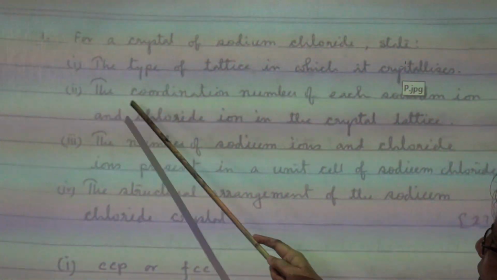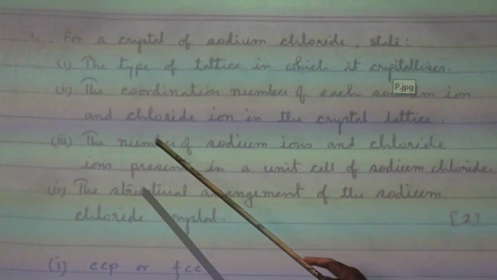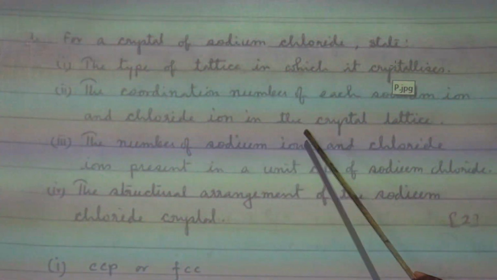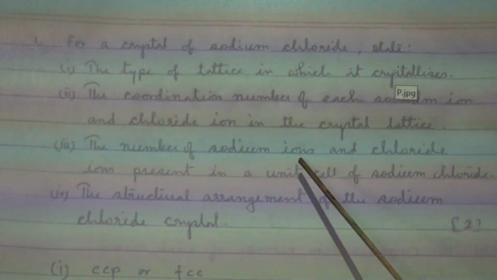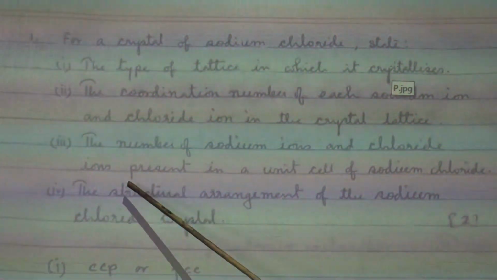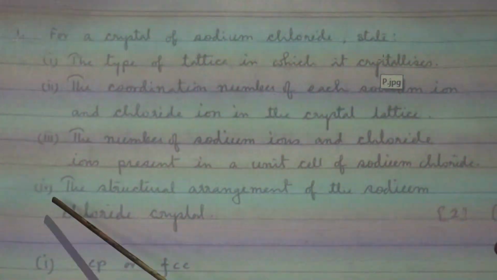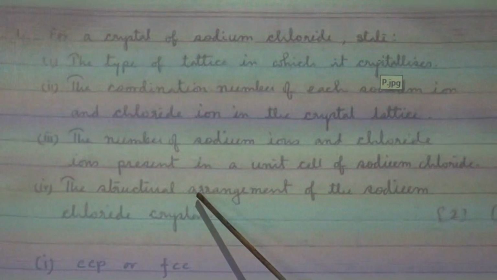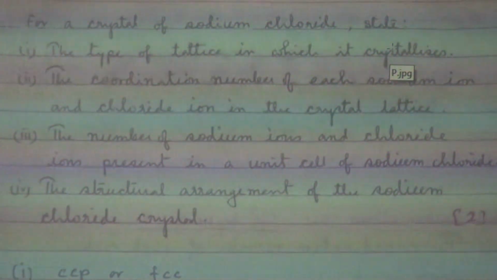Number 2, the coordination number of each sodium ion and chloride ion in the crystal lattice. Number 3, the number of sodium ions and chloride ions present in a unit cell of sodium chloride. And number 4, the structural arrangement of the sodium chloride crystal.